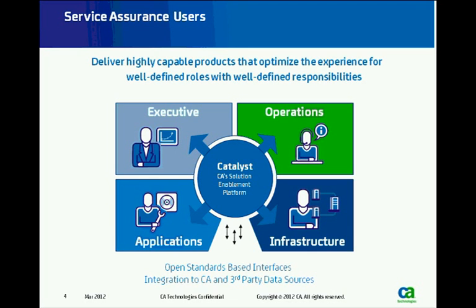CA APM is a solution that pulls together information from different data sources and provides the different types of users the inputs and the user interface that they need, the solution that they need for their individual roles. The Unified End User Experience Monitoring feature especially pulls together application data and infrastructure data and serves the purposes of the application triage engineer and those who wish to know the triage question.